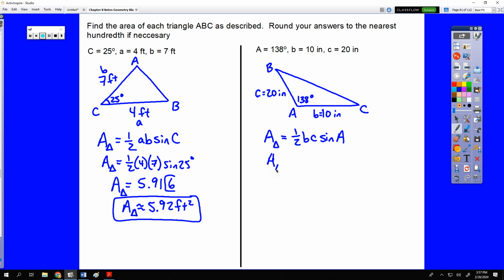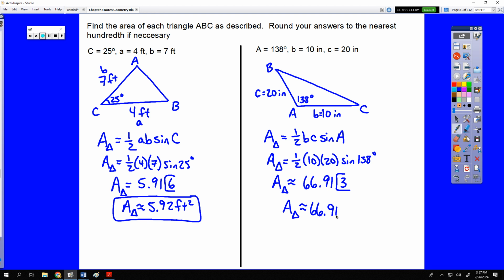That would be 1/2 times 10 times 20 times the sine of 138 degrees. And we feed it into our calculator, which spits out 66.913, meaning we would leave the 1 alone or round down to get 66.91 square inches.